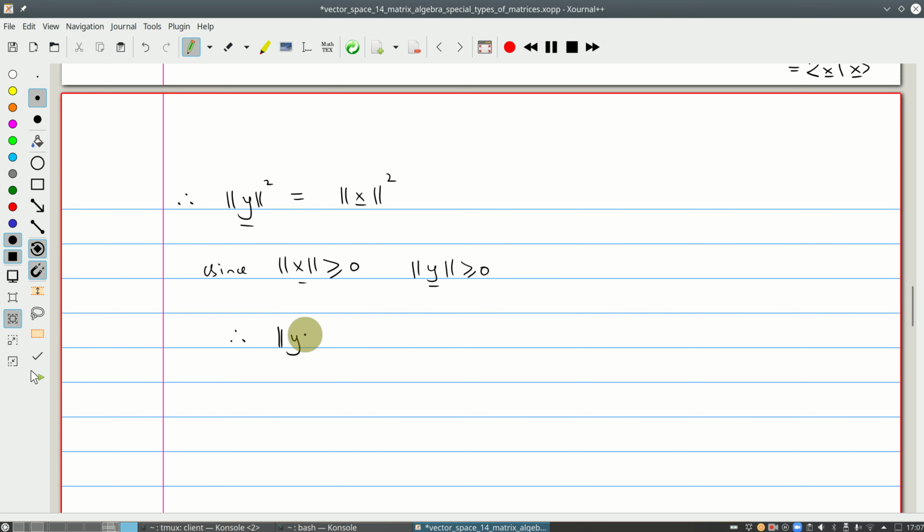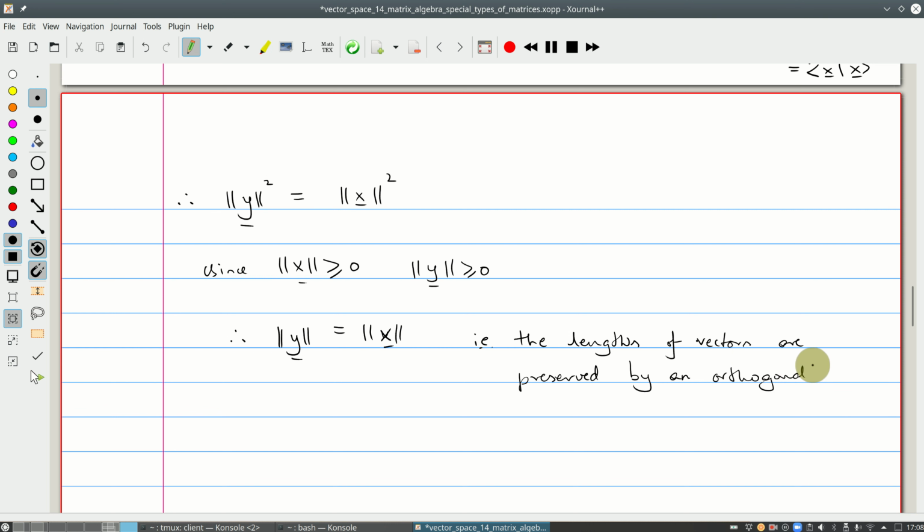Therefore, i.e., the lengths of vectors are preserved by an orthogonal matrix.